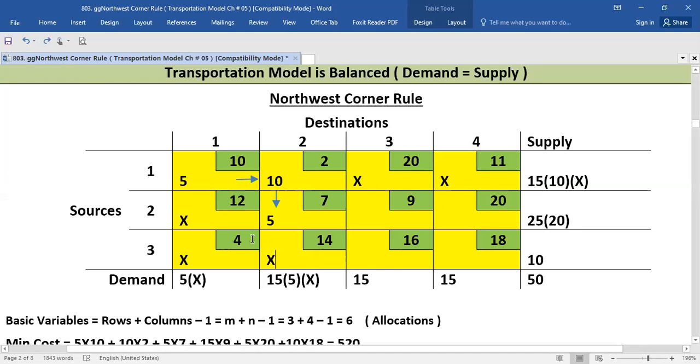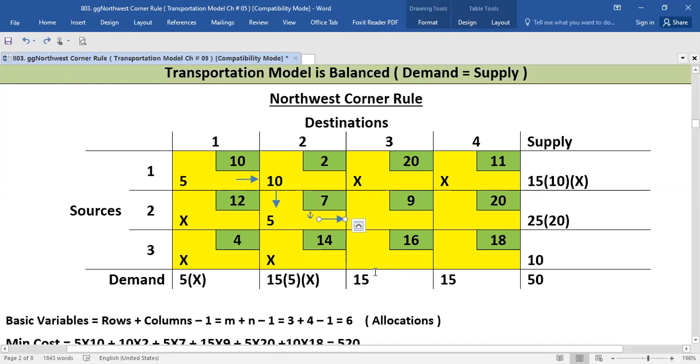So the next allocation you can easily assess. You can easily assess where will be your next allocation, as you cannot move here, you cannot move here, so you will move to your right. So yes, I have put arrow sign, and now you are in this blank cell.